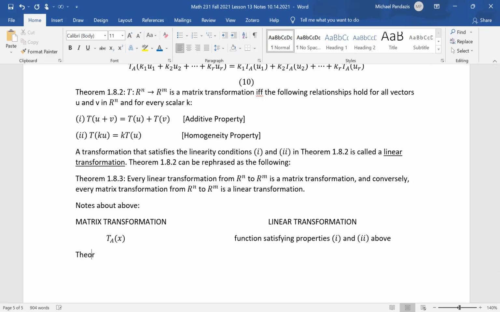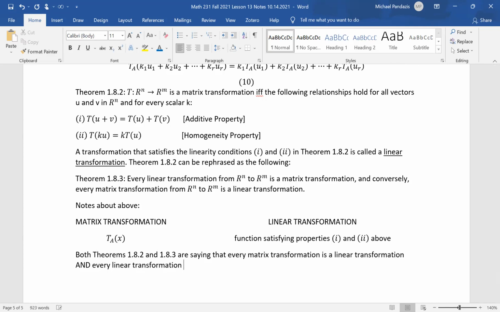So theorems 1.8.2 and 1.8.3 are saying that every matrix transformation is a linear transformation, and every linear transformation is a matrix transformation. That's exactly those words, but that's what this theorem is also saying.